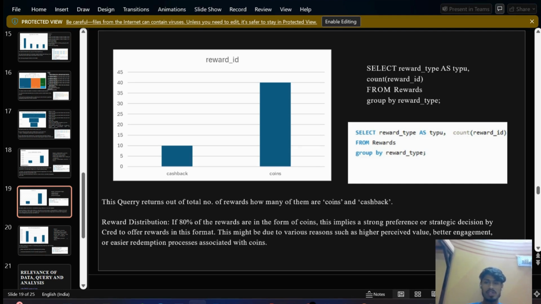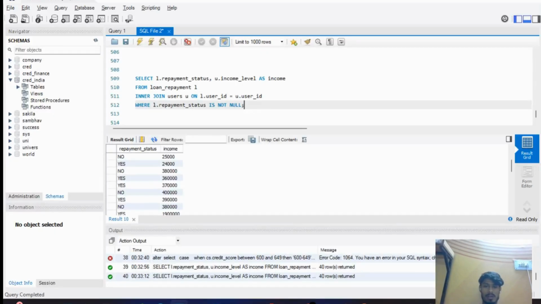This graph basically shows the number of users who get coins after payment of their credit card bill, and the number of users who get cashback as an amount after paying their bill. So this is the query. Let's try to run this query in MySQL.